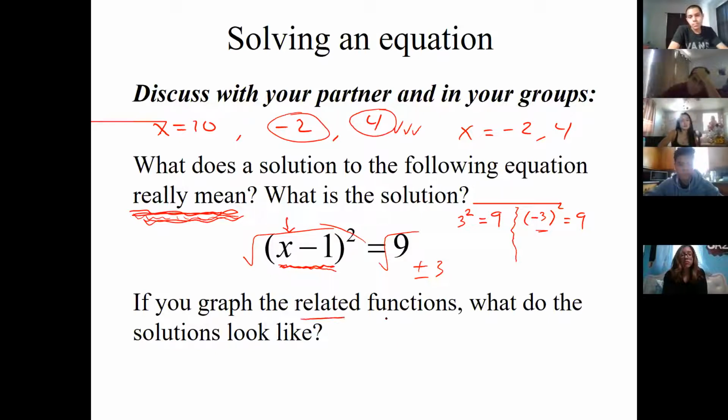So then if we take that discussion to related functions, some of you recognize the x minus 1 squared as a parabola. What does y equals 9 look like?